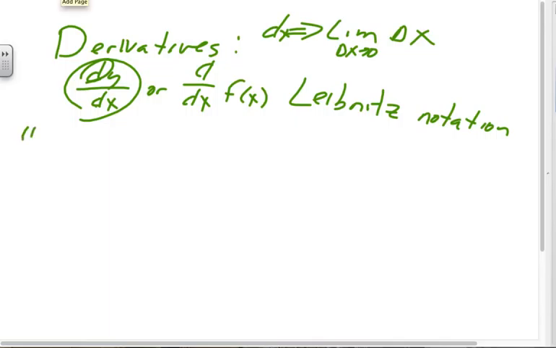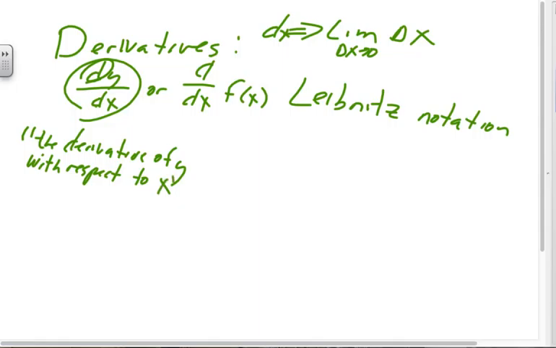This reads as the derivative of y with respect to x. This is not really division. This is just the way it's written. And this guy right here you would read as the derivative of f of x with respect to x.